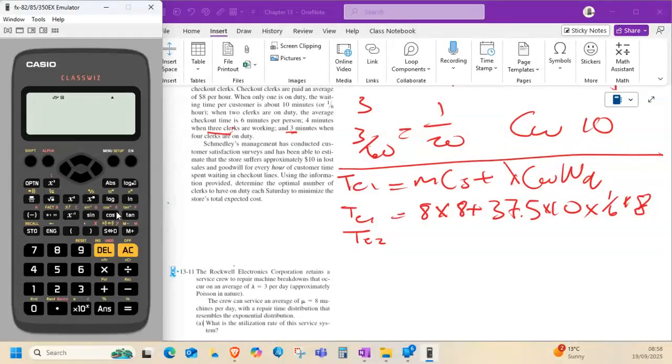I was checking if the first 8 is for the number of hours that they are working per day. So what about the last 8 there?